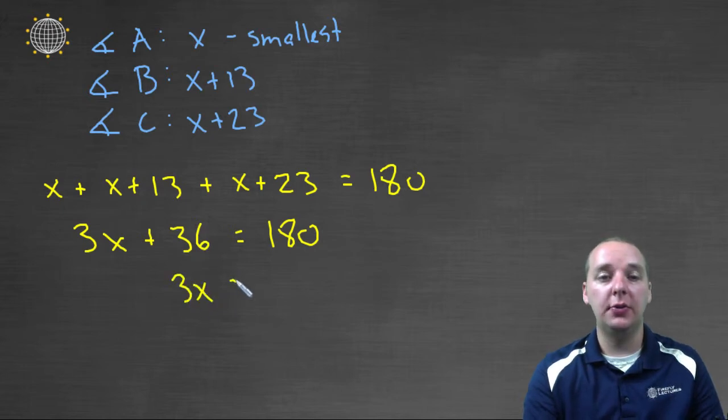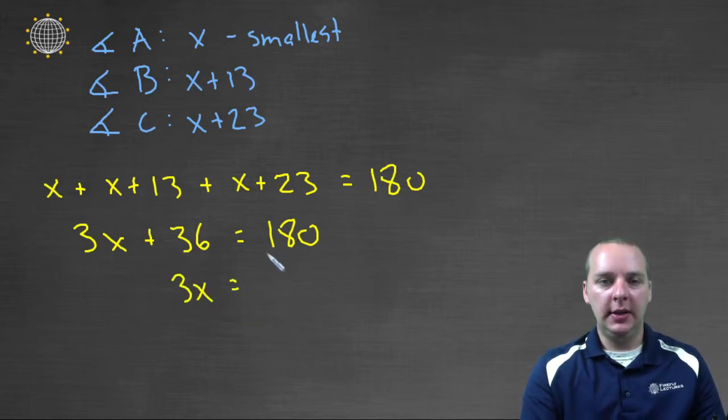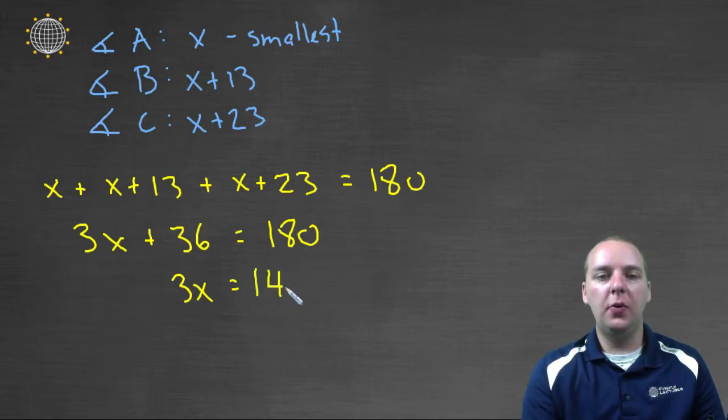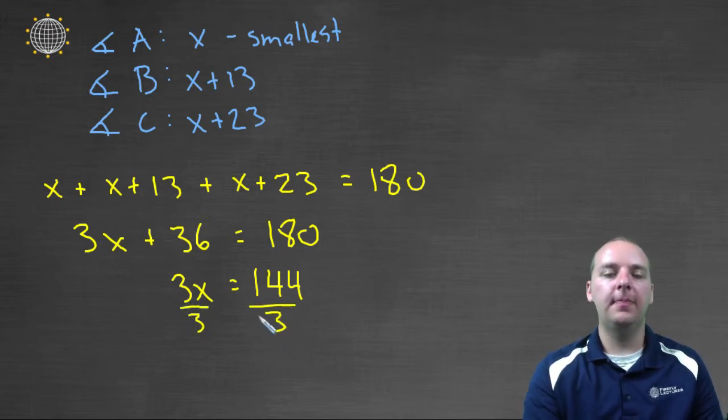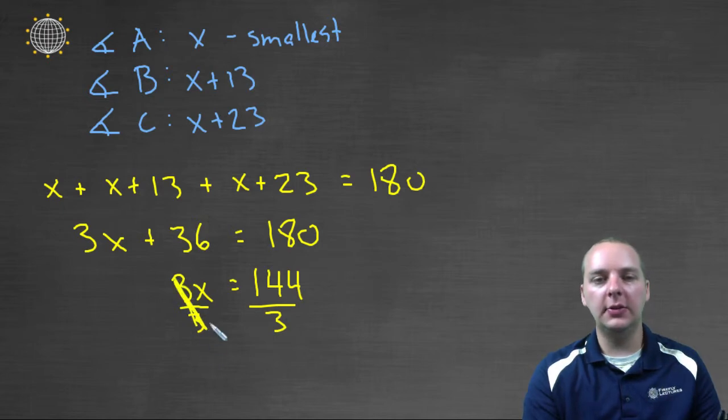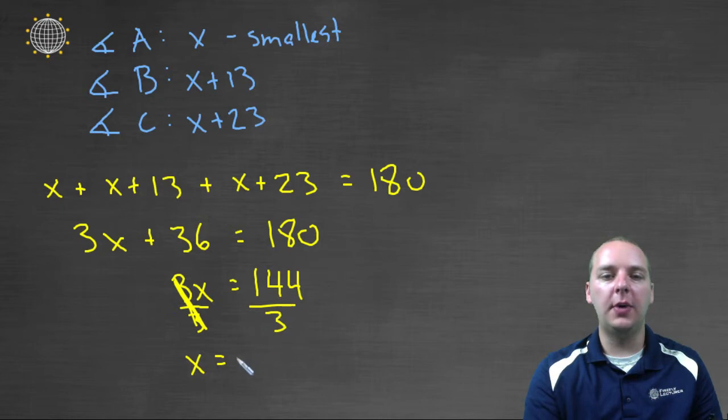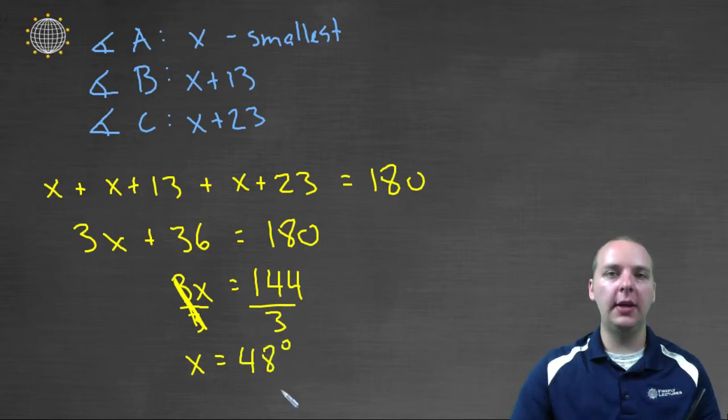So we'll have 3x equals 144 on the right-hand side. Divide by the variable's coefficient of 3, and the 3's will cancel, and we'll get x equals 144 divided by 3 is 48, and that'll be 48 degrees.